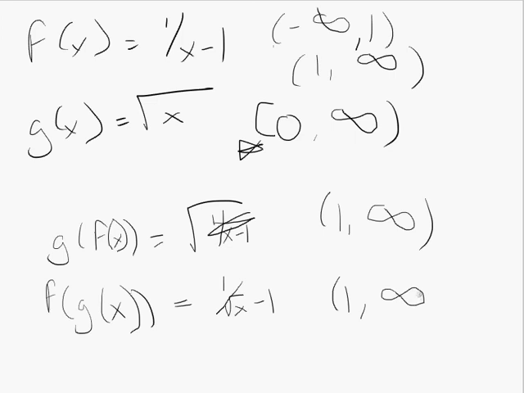X could be a half, because then we'd have 1 over 1/2, which is 2, minus 1, which is positive. It can't be any integers, then. No. How would you write that? Okay, I think that's right.